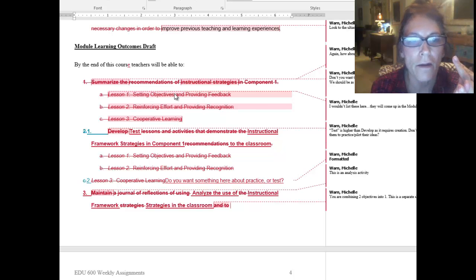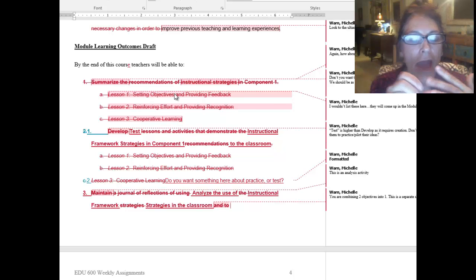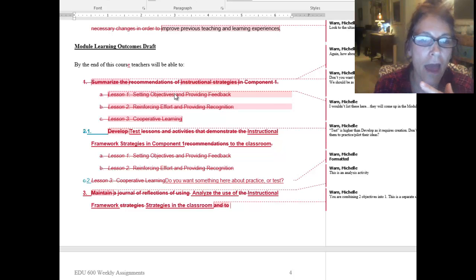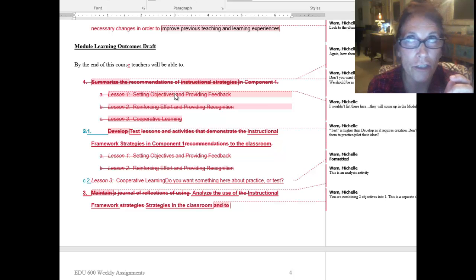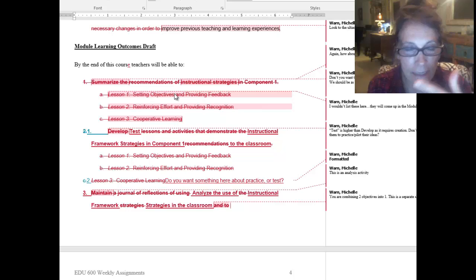The what: what are they, define them, describe them, explain them. And then the how. How are you going to apply it in your classroom? How are you going to implement that and pilot it in the classroom? How are you going to build those lessons, those strategies? And then how are you going to evaluate it?